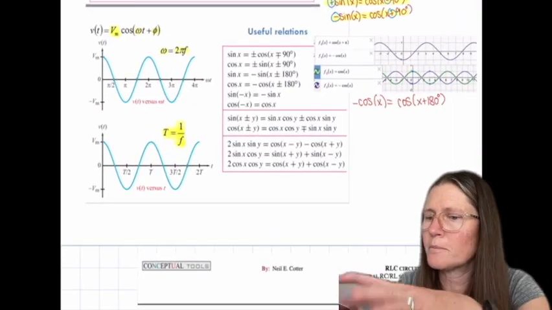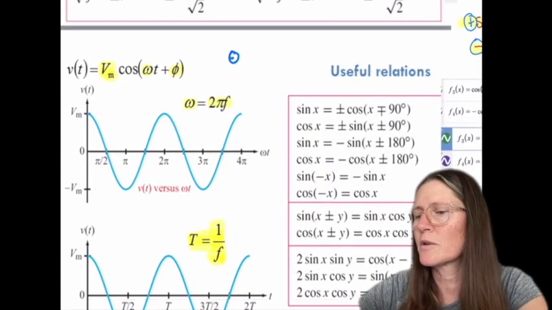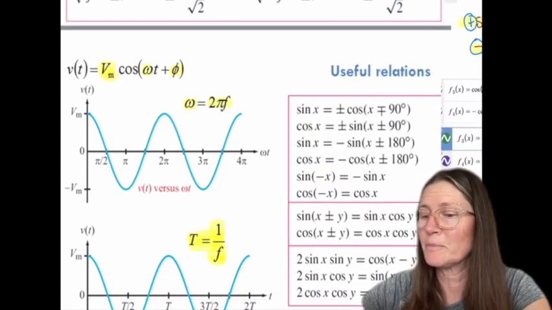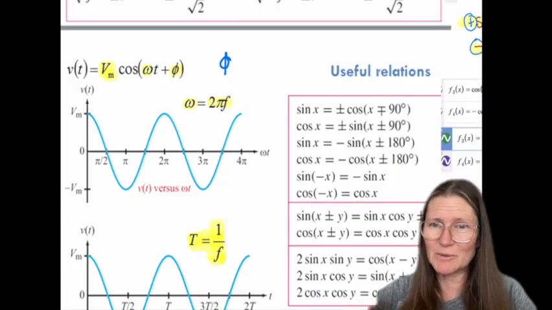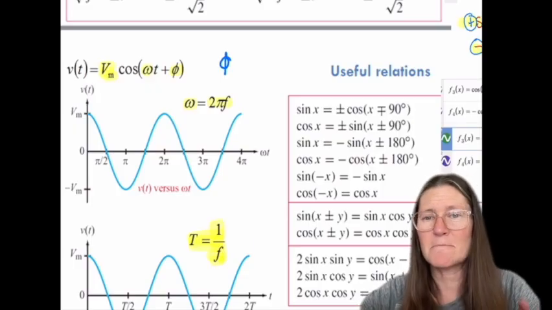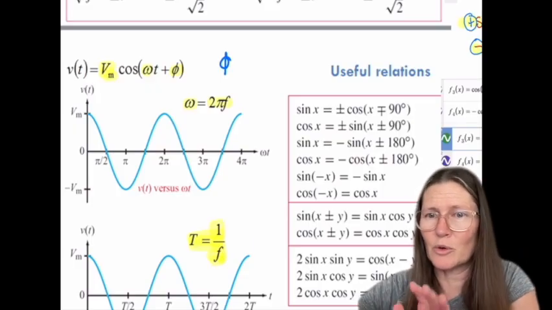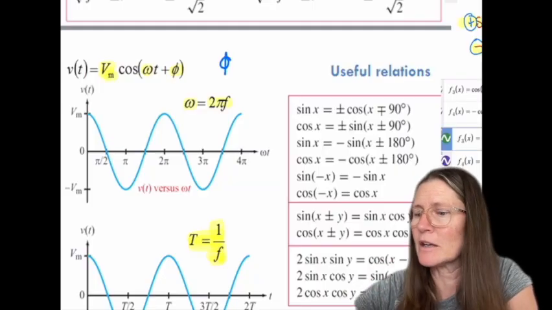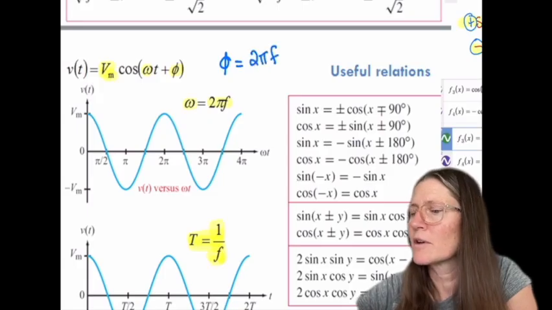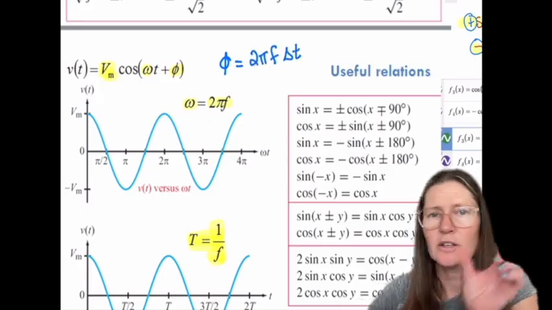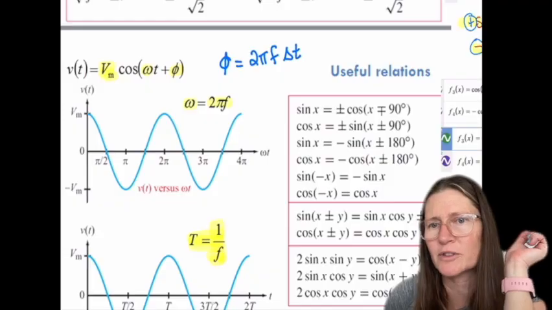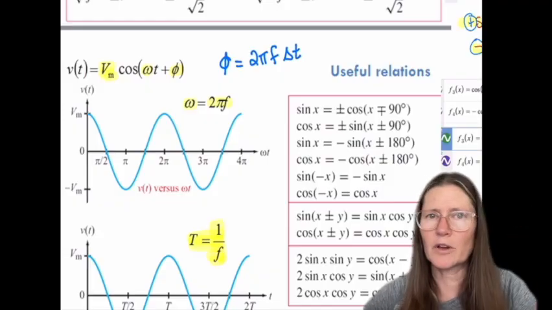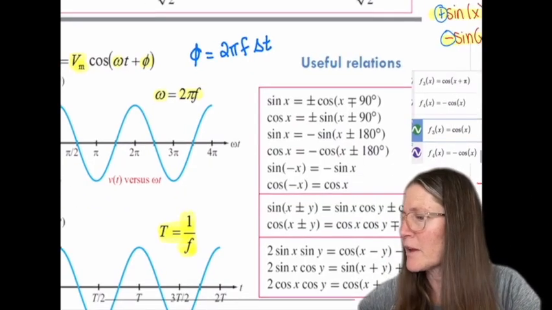Theta or phi, I'm using phi to differentiate from theta above, but they are the same angle. They mean the same thing. Remember, it's 2 pi f times the shift delta t between the reference and the output signal. That is how you find phi or theta.